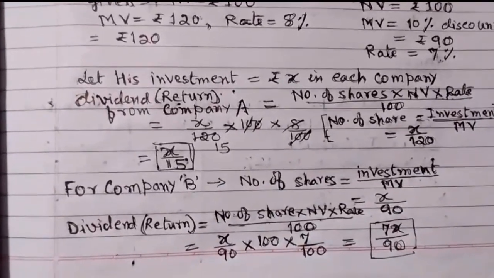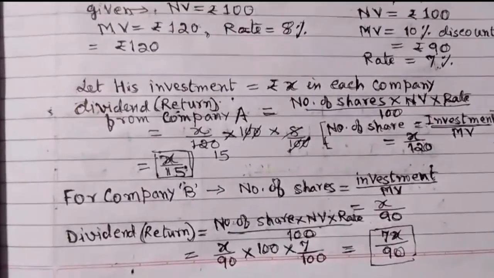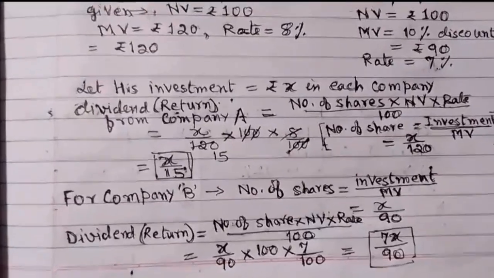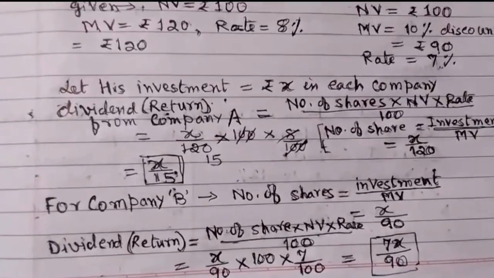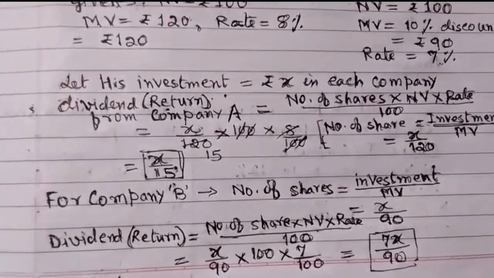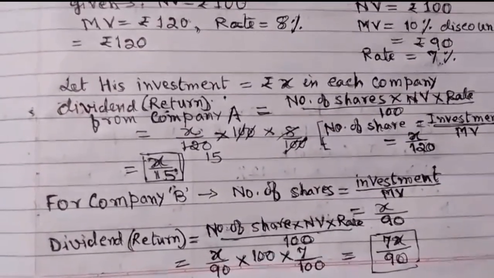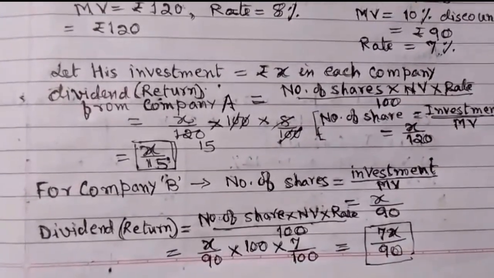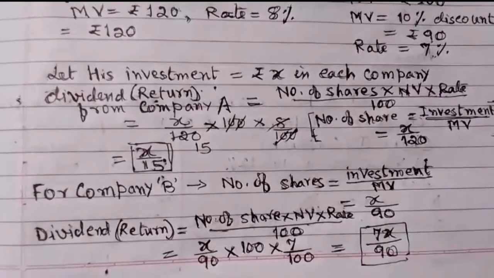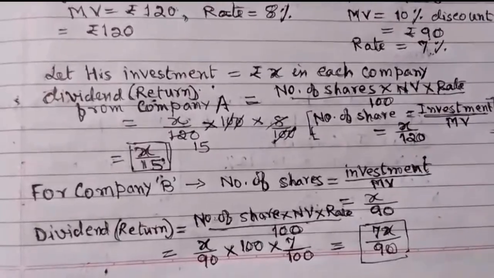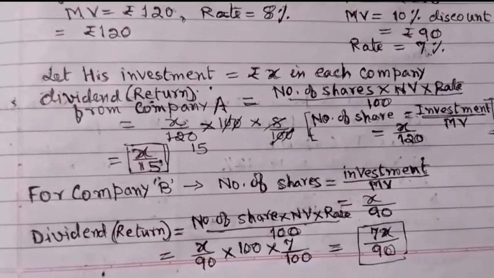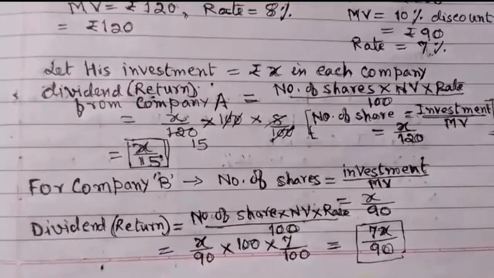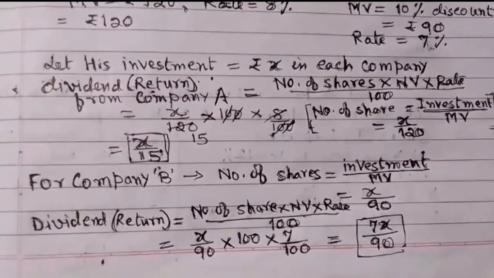So first we find out his dividend or return from company A and then his return or dividend from company B. For this, let us assume that he has invested rupees X in each of the companies A and B. So his dividend or return from company A is equal to number of shares into nominal value into rate divided by 100, which is equal to X upon 120, which is the number of shares, into 100, which is the nominal value, into 8, which is the dividend rate, divided by 100.